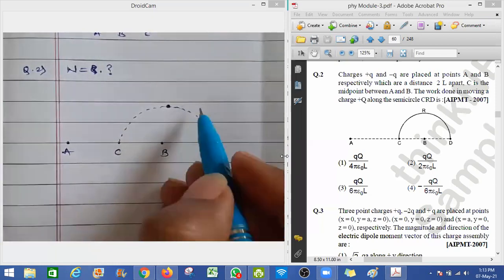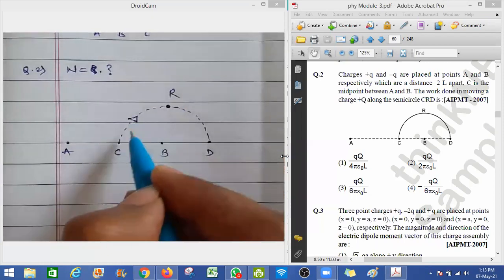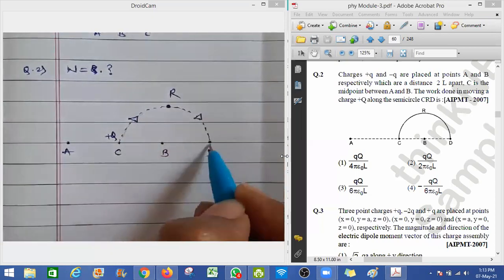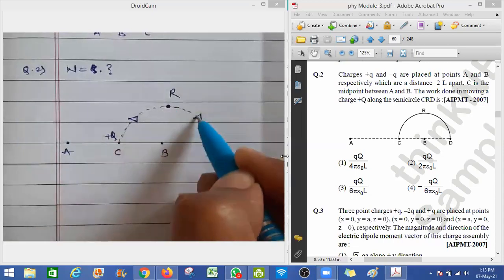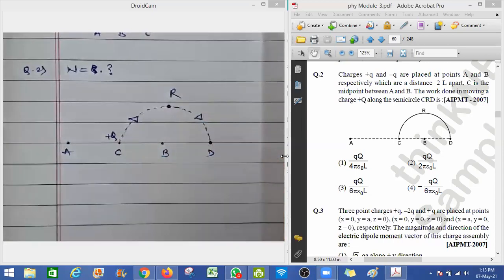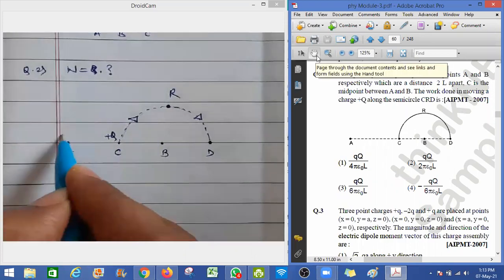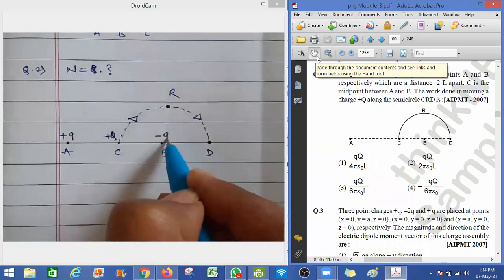This is point R. Now we have to move a plus Q charge from point C to point D. So on this path we have to move the plus Q charge. At point A there is a plus q charge, at point B there is a minus q charge.